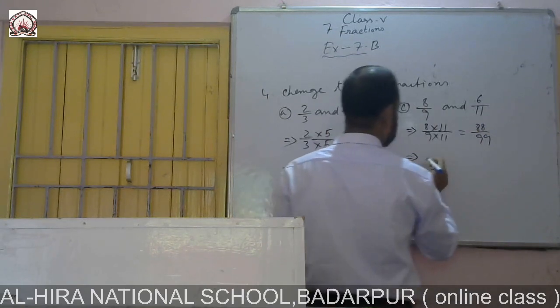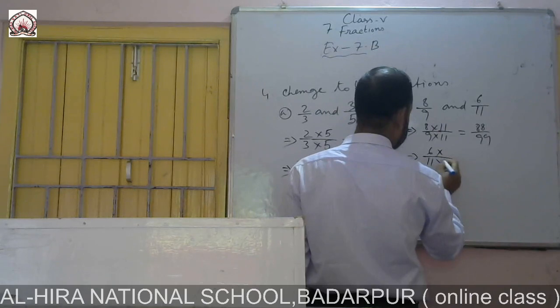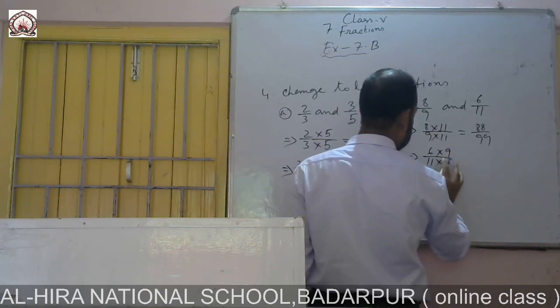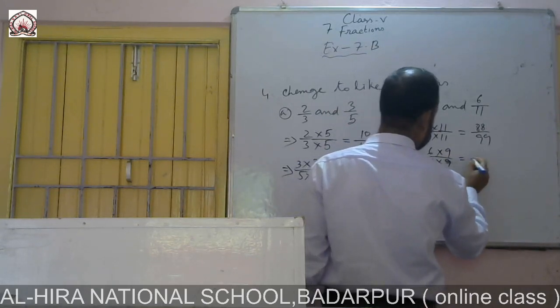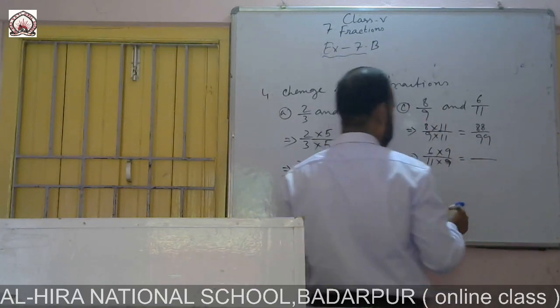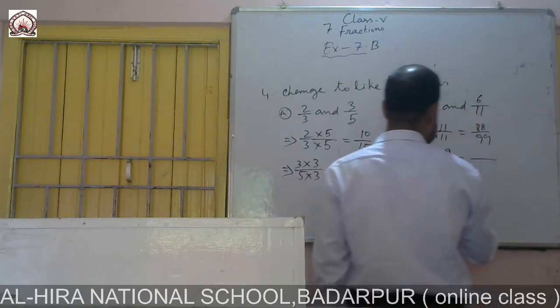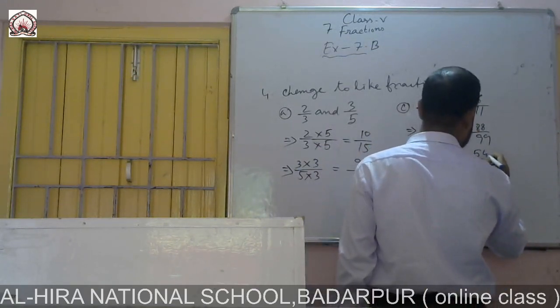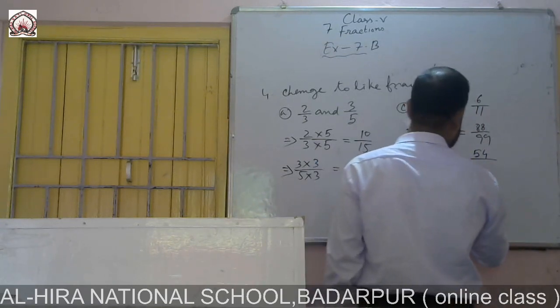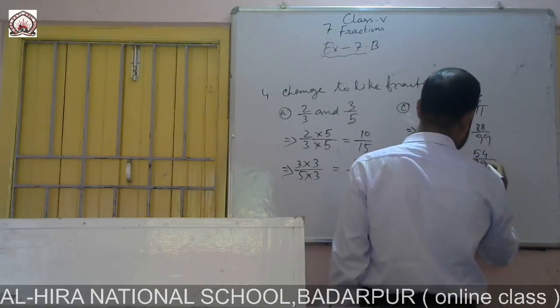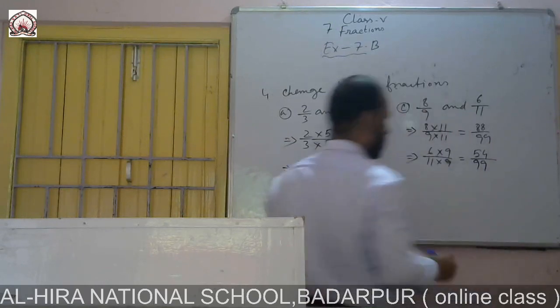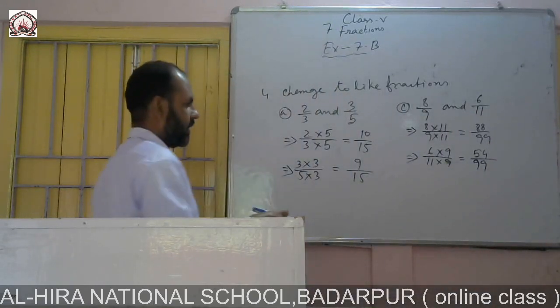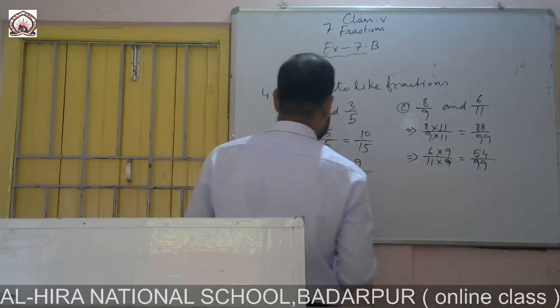Next 6 by 11 into 9, so 6 9s are 54 and 11 9s are 99. So here 99, then the fractions are like fractions.